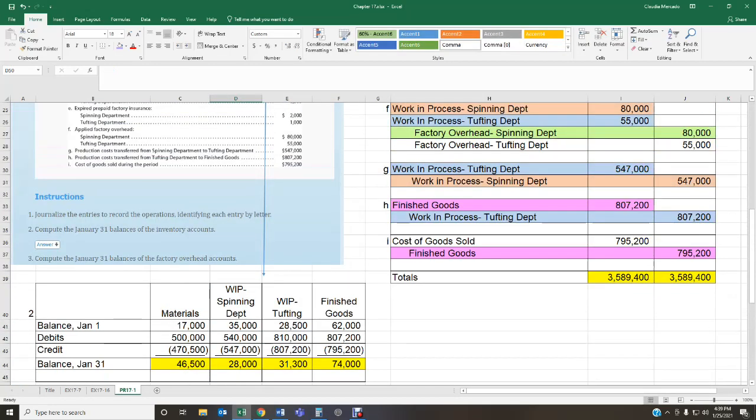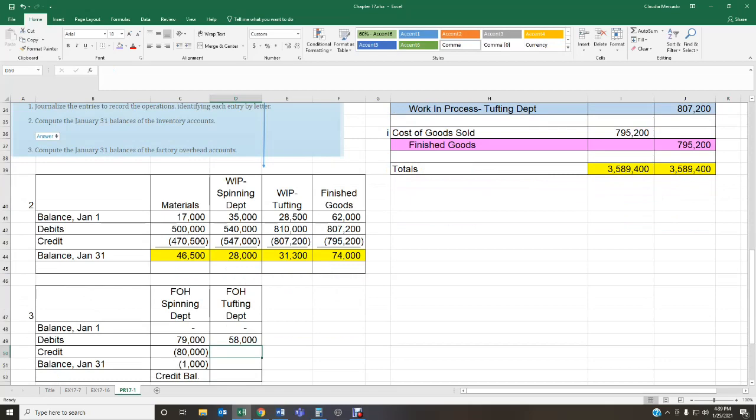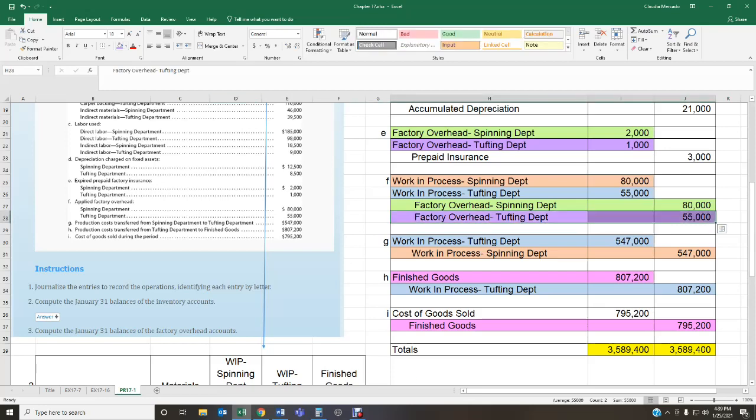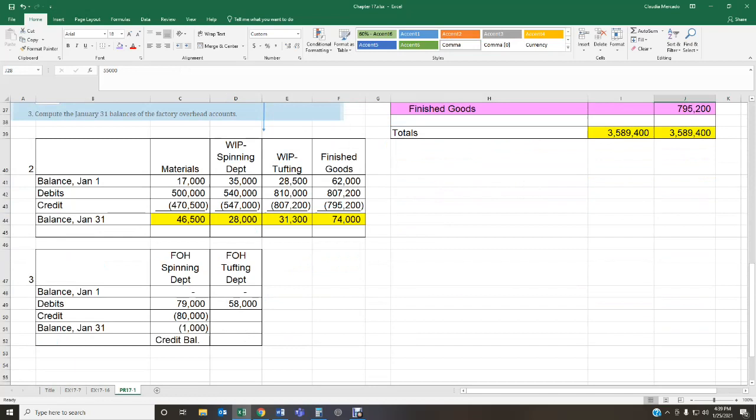And now let's look for the work in process. For the factory overhead tufting credits. So we've got factory overhead tufting, and we've got a credit of $55,000 right there. Okay, so we've got a credit of 55,000. So now we add our column for factory overhead tufting, and that gives us a debit balance.